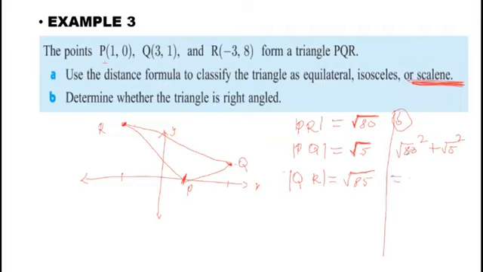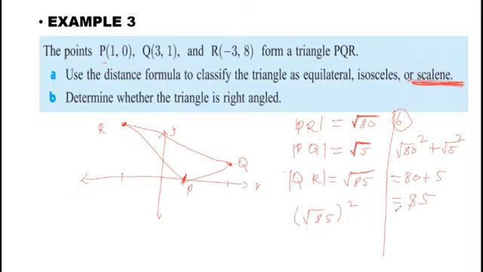So if we do this, square root of 80 squared is 80 plus square root of 5 squared is 5, which is equal to 85. So we can see that square root of 85 squared is also 85.